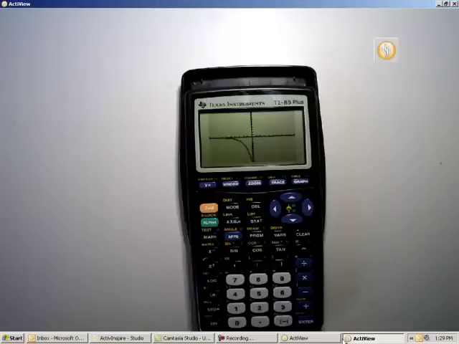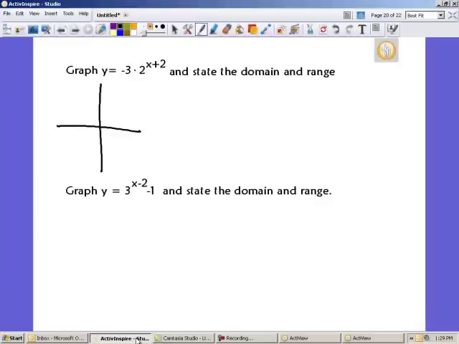Now, one thing that we need to look at is our domain and range. Let me switch back here. When we're talking about domain and range, let me just sketch this real quickly. We're talking about the x and the y values. Remember, the domain is all of your x values and range is all of your y values.